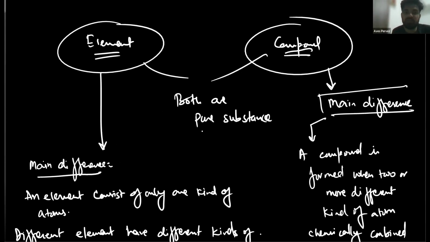Let me discuss. This is the major difference between elements and compounds. Different compounds have different formulas. For example, take the formula for nitrogen and oxygen.